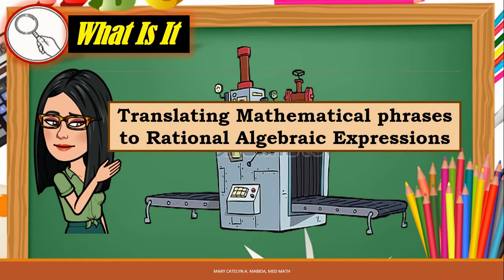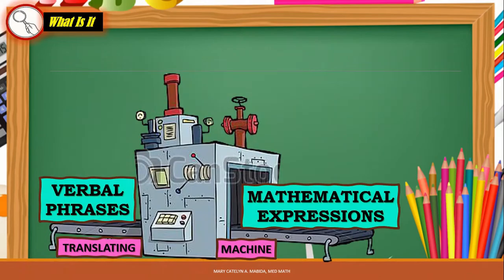Translating mathematical phrases to rational algebraic expressions. What is it? In translating verbal phrases to mathematical expressions, we need to use numbers. The common symbols of operations such as addition, subtraction, multiplication, and division.